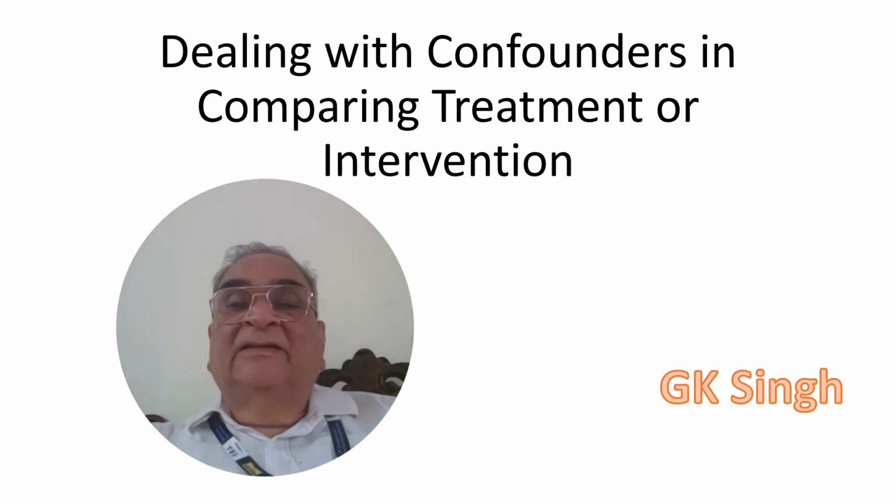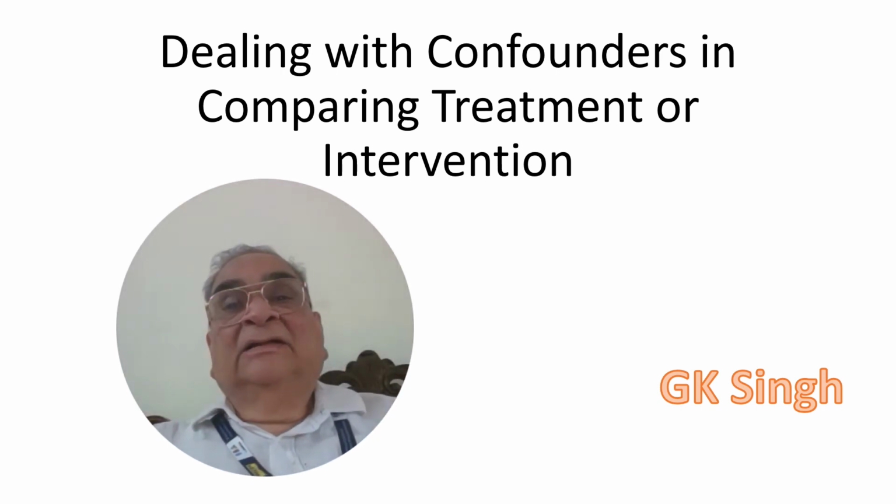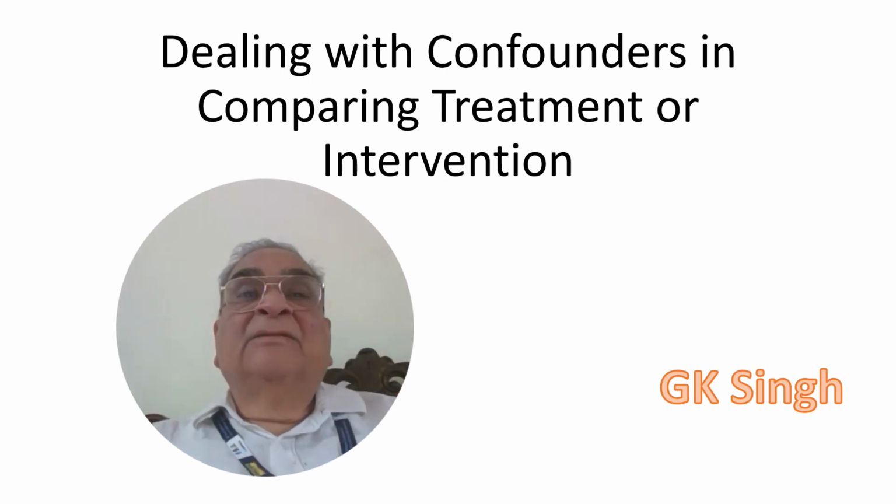And this displaced undisplaced factor, which can alter your perception of the comparison between conservative and operative treatment, is called as confounder. Now let us try to understand these confounders and how to control them better.